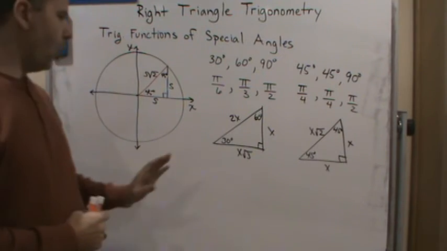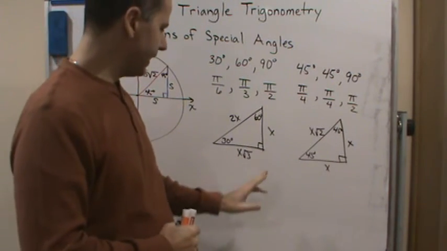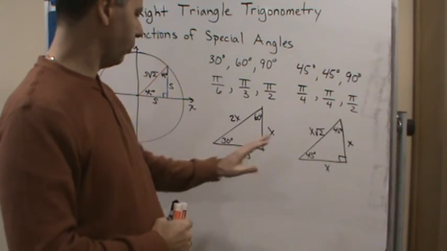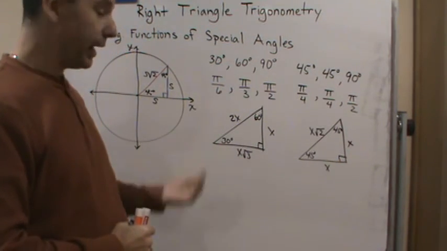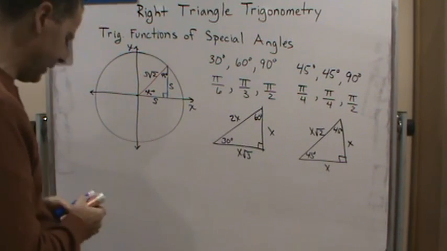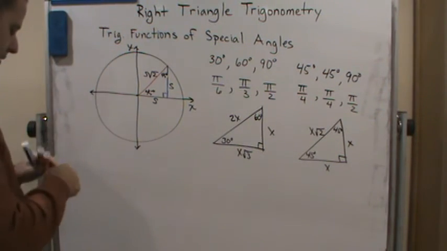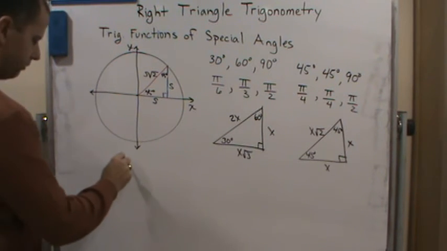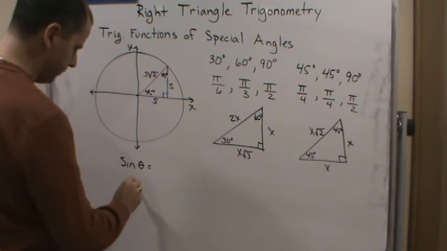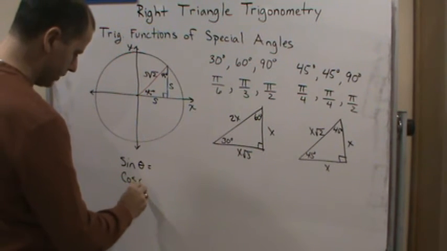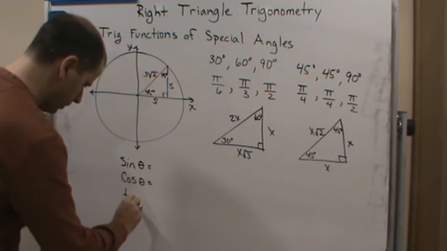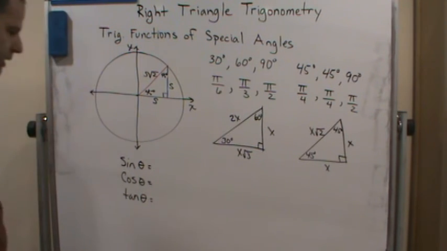Knowing that this is always going to be the case, no matter what x is, no matter what the length of the side is, the ratios are always going to be the same. So what does that mean? Well, now let's look at the trig functions: sine theta, cosine theta, tangent theta.